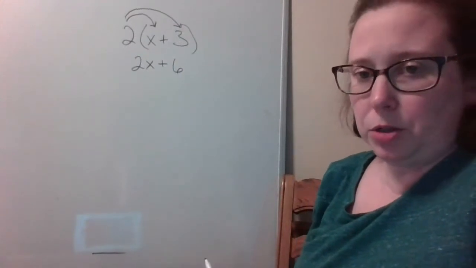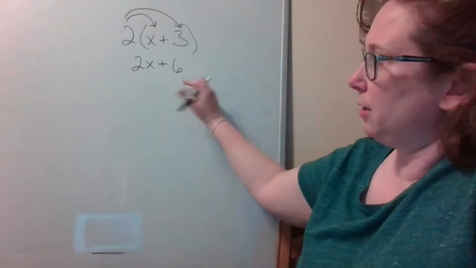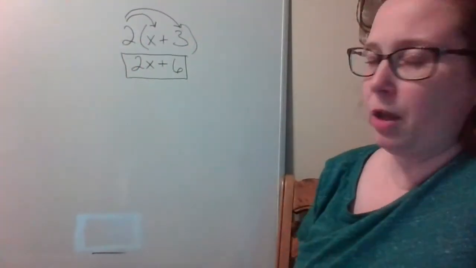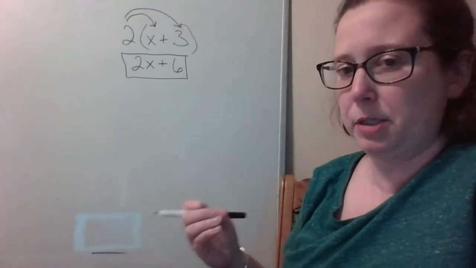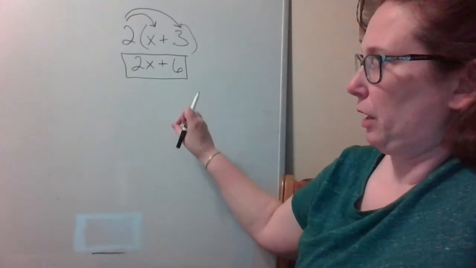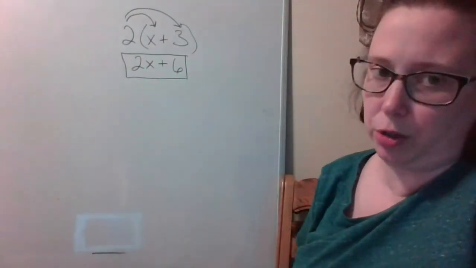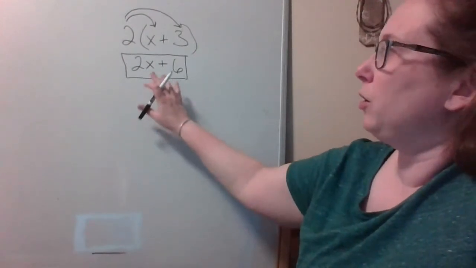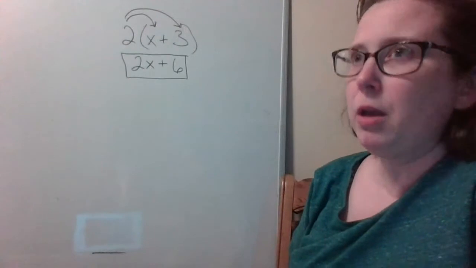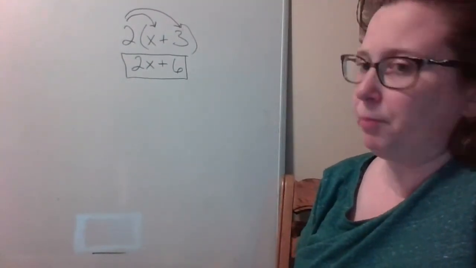What we are looking to do in this section for 4 is to take something like this expression, and we're actually going to do the opposite of the distributive property. So to do that, you have to figure out what is the greatest common factor between these two terms. So we are going to think about 2x and 6 separately, and we're going to figure out what is our greatest common factor.